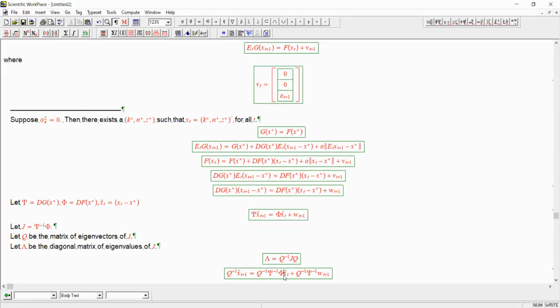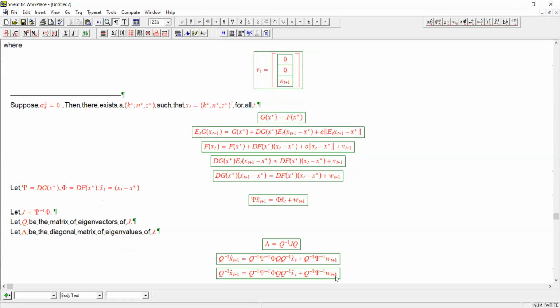Notice that here I could insert the identity matrix and it would change nothing at all. That means that if I insert an expression that equals the identity matrix again, I will change nothing at all. So let me do that. I'm going to introduce Q times Q to the minus 1, which of course equals the identity matrix.